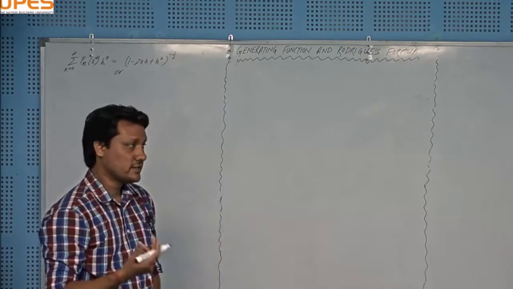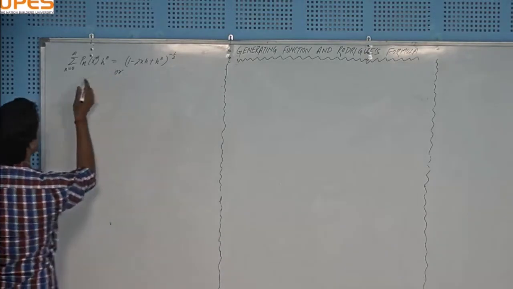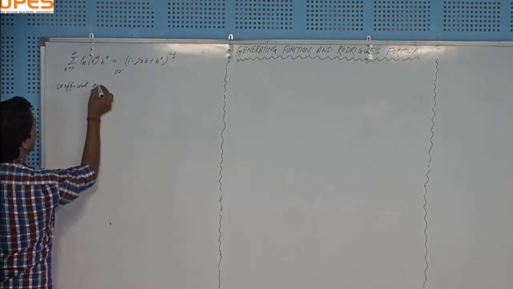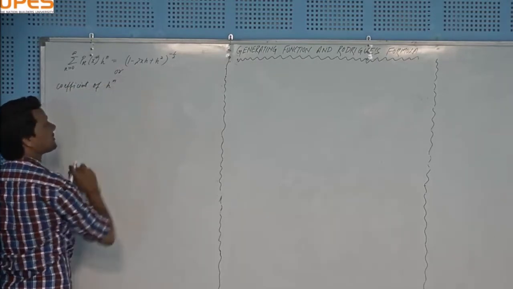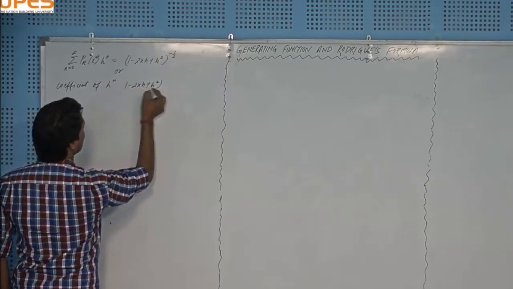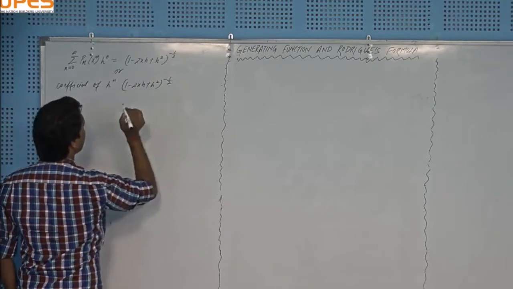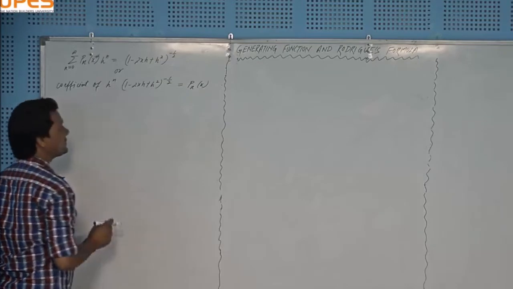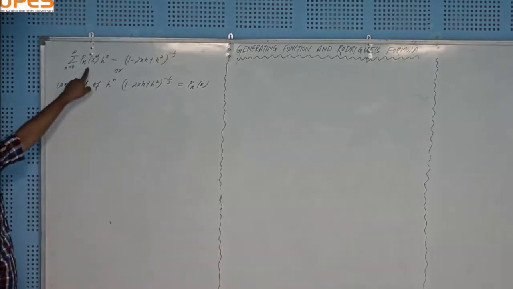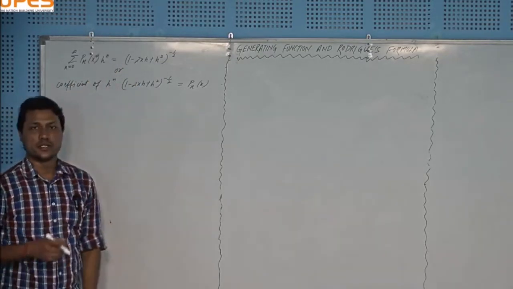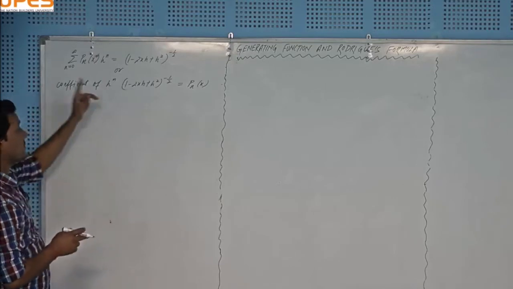So in all we can say that the coefficient of h to the power n in this expansion on the right hand side, (1 minus 2xh plus h square) to the power minus half, is equal to P_n(x). And this can be understood in this way also: if we equate the coefficient of h to the power n, we will get the Legendre polynomial P_n(x). Note that I have replaced my k by n, right?